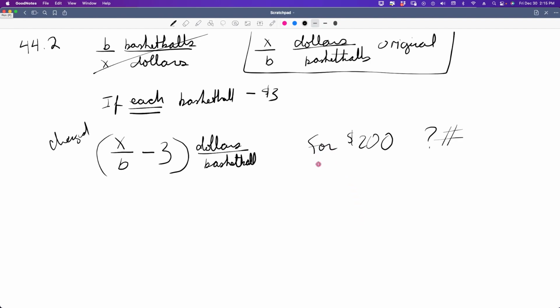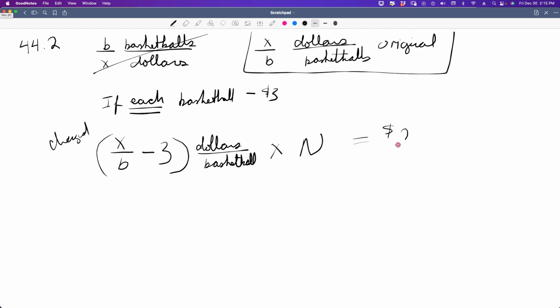So we know that "for" and "of" could mean multiplication, right? So I'm going to multiply this by the number, because this is the rate, dollars per basketball. If you multiply, this is going to give us the number of dollars per basketball times the number of basketballs.